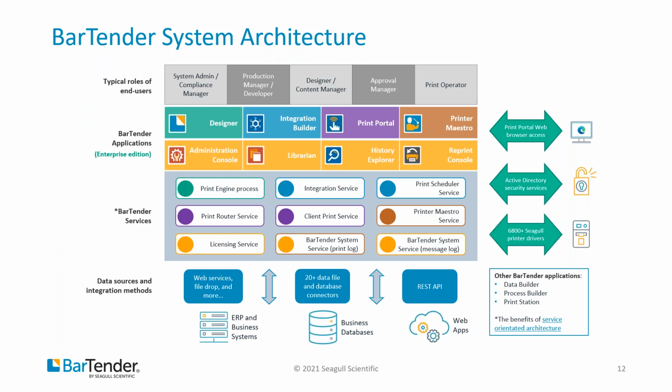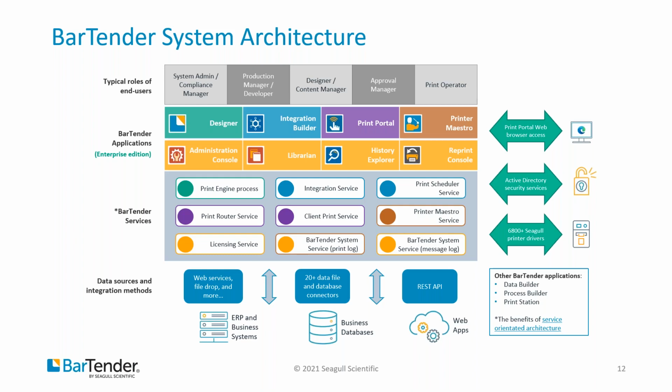And lastly, we have the BarTender system service. The main role of this service is to handle the database transactions with the BarTender system database for inserting and updating records generated by BarTender in that system database.